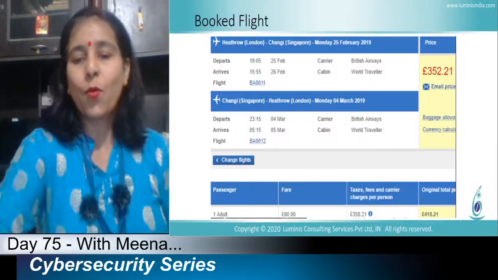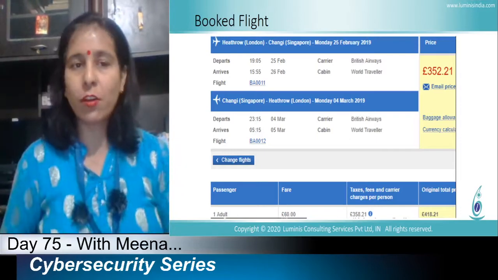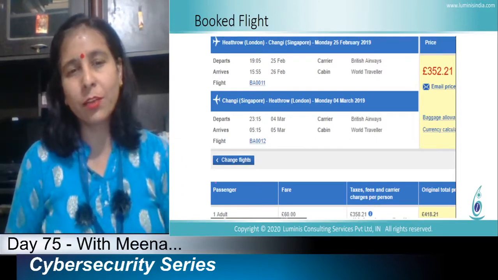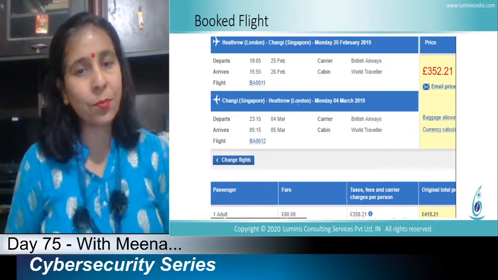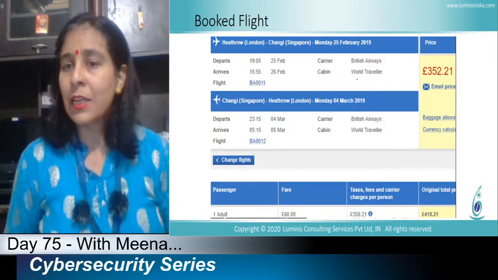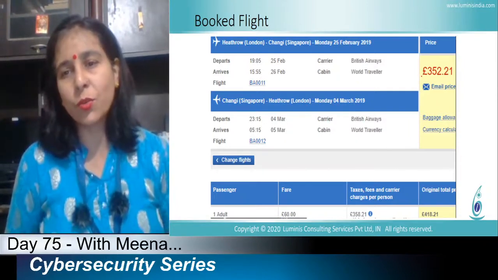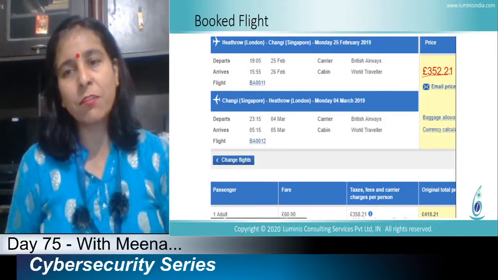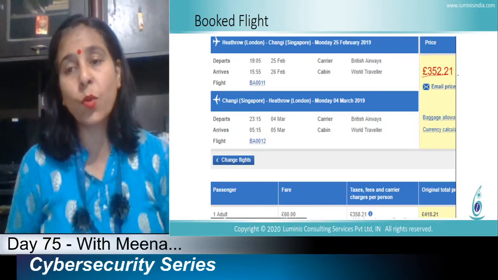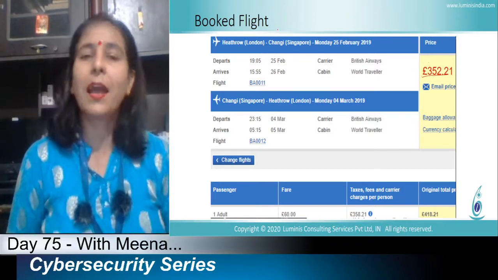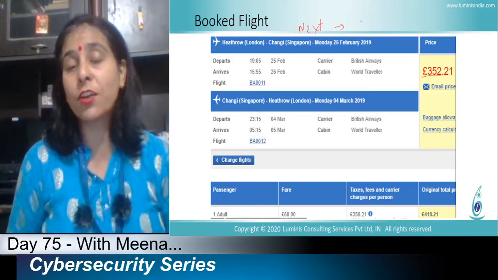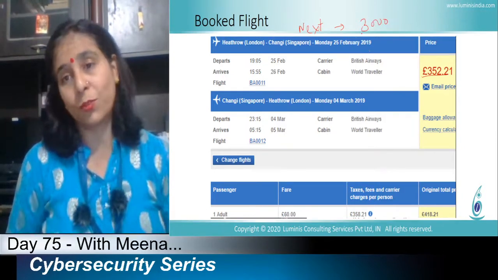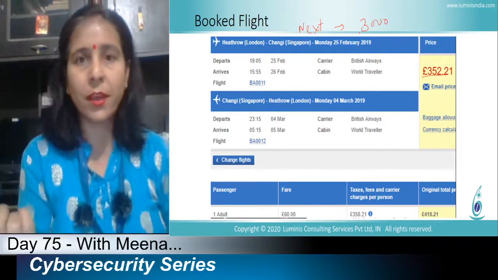One day you made a payment for a flight booking from London to Singapore and Singapore to London, and that cost you 352.21 pounds. The next day you receive a notification of a payment of 3,000 pounds, and you are surprised.